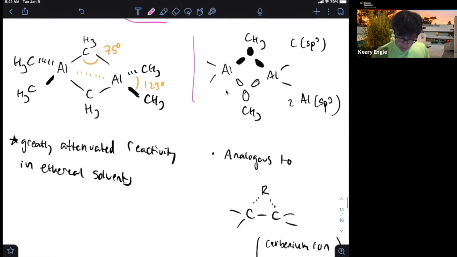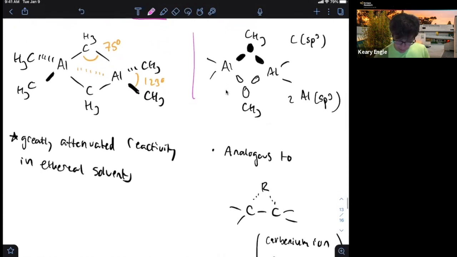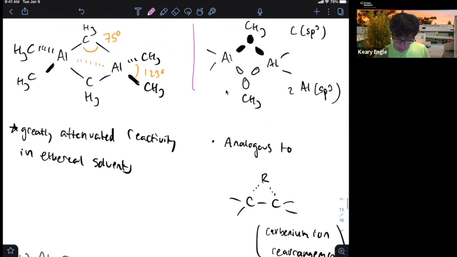One way to think about this, which might be helpful to some in the audience, is that it's essentially analogous to the bonding at play in a 1,2 carbocation rearrangement or a carbenium ion rearrangement.